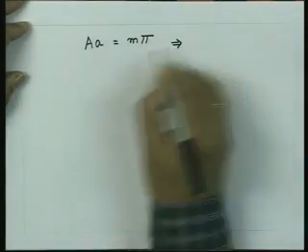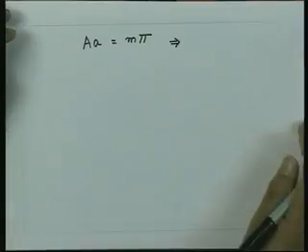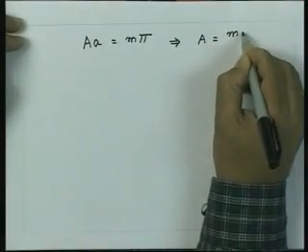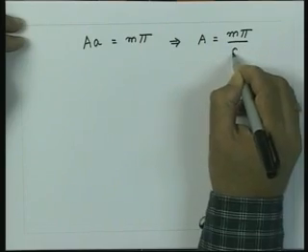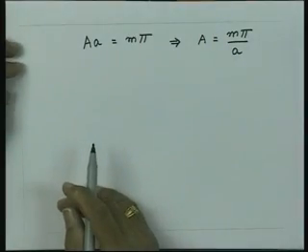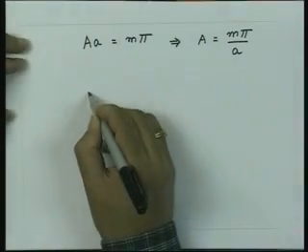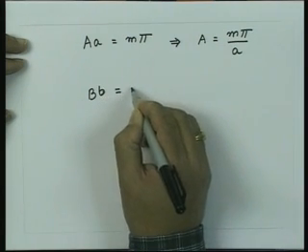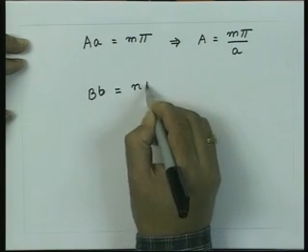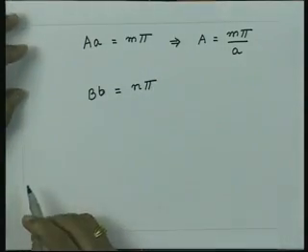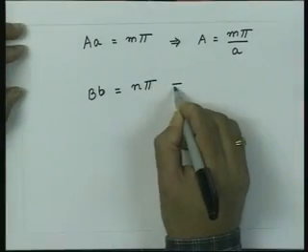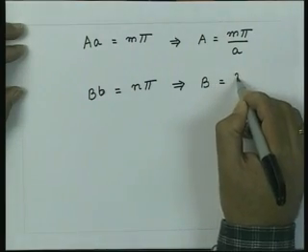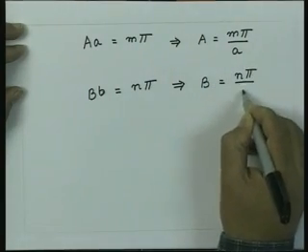That means this constant A, which we still had to determine, is equal to m pi by a. Similarly, B times b should be equal to another integer times pi, and that gives B equal to n pi by b.